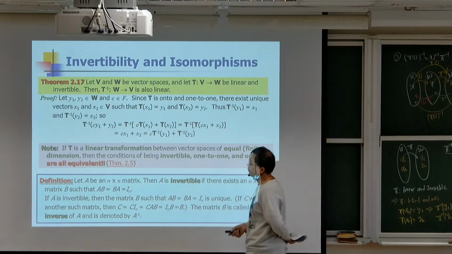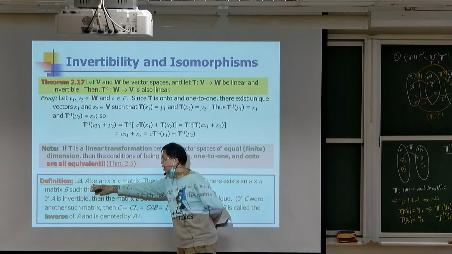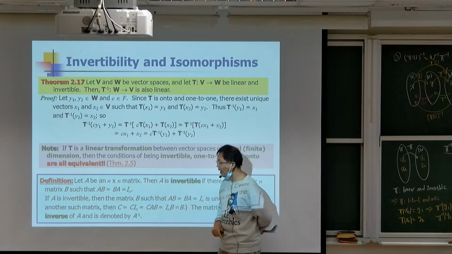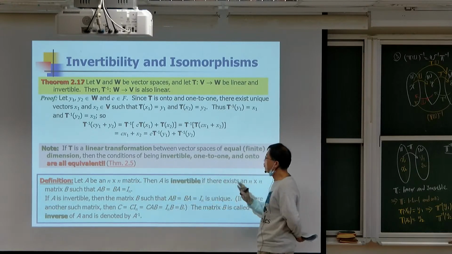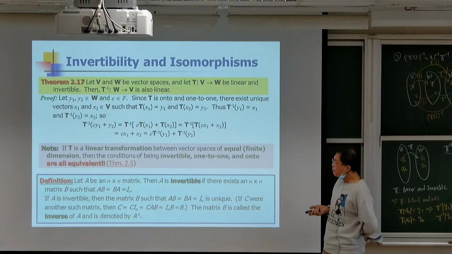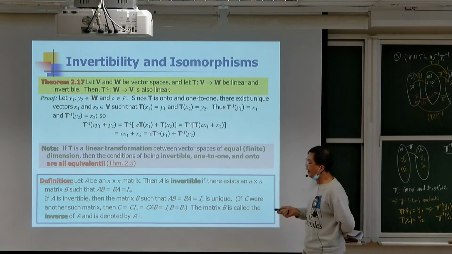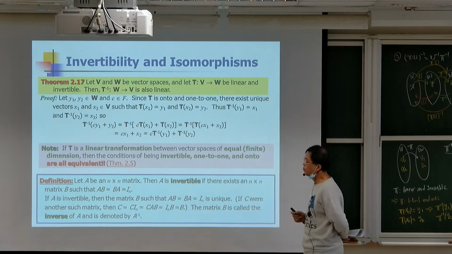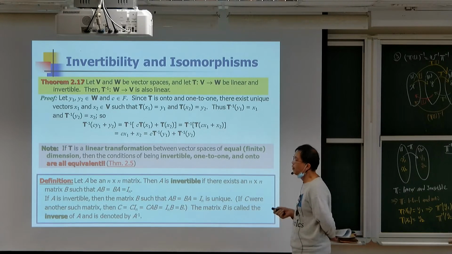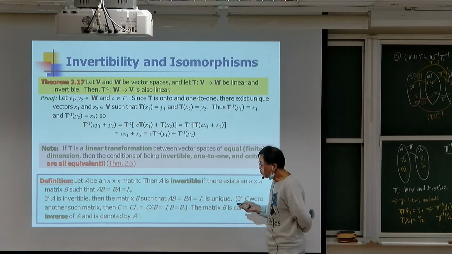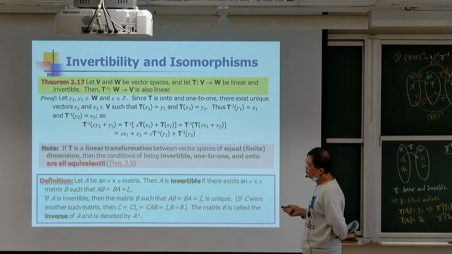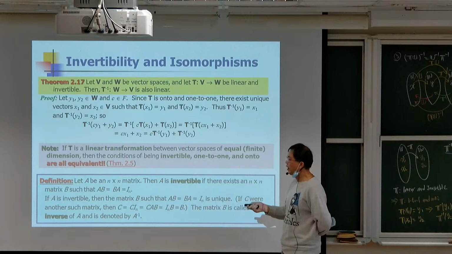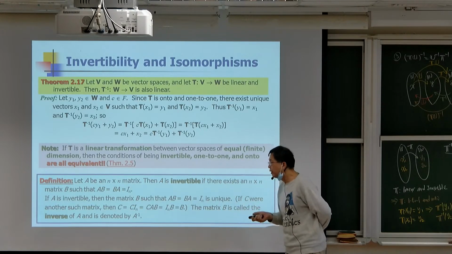So here I have a matrix A. It's an n by n matrix, and A is invertible if there is another n by n matrix B such that A times B equals B times A equals the identity matrix.